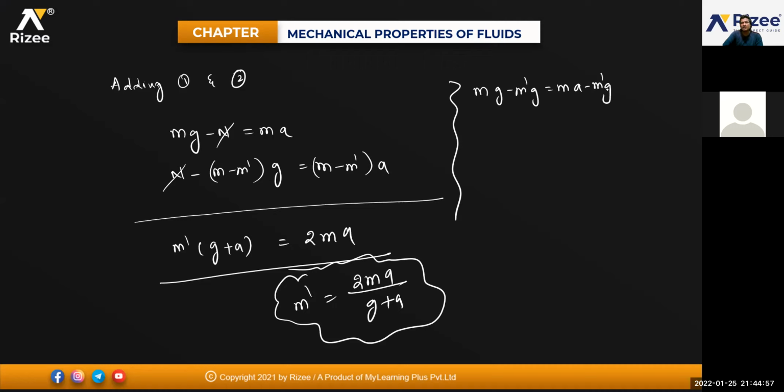That is g plus a. Here a is the acceleration. After the mg cancels, simplified, m dash into (g plus a) is equal to 2m into a. So m dash is equal to 2m into a divided by (g plus a).